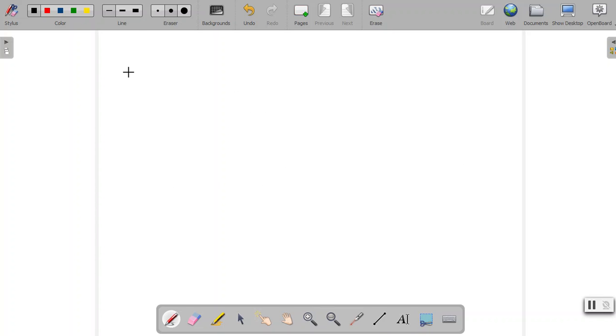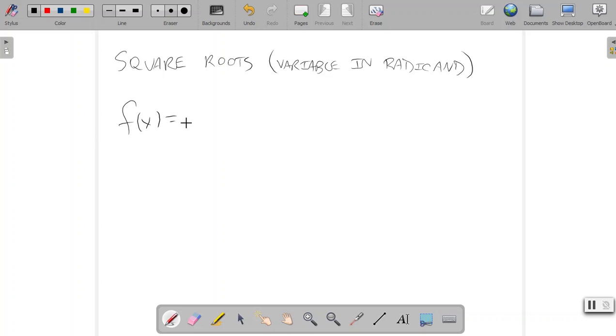The other situation is square roots, which are a slightly different kettle of fish. So I'm going to say variable in radicand. Suppose I had f(x) equals x plus the square root of 5.